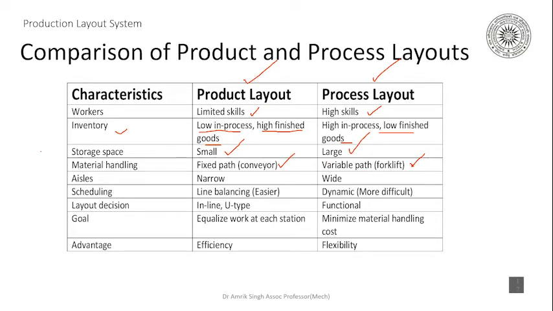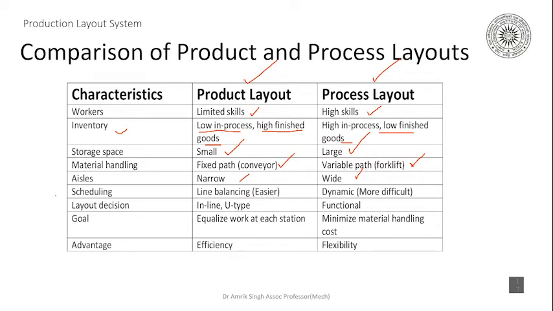Then the working space is narrow, and here the working space is wide because you don't know the casting. It may require a lot of bigger space to store. But in the case of the line type production, the production has to move from one machine to another machine.